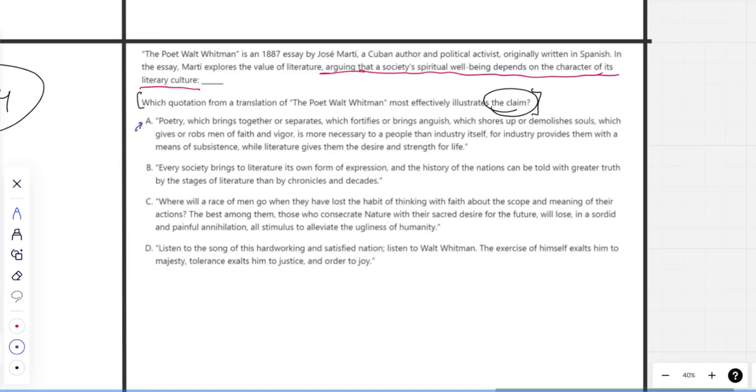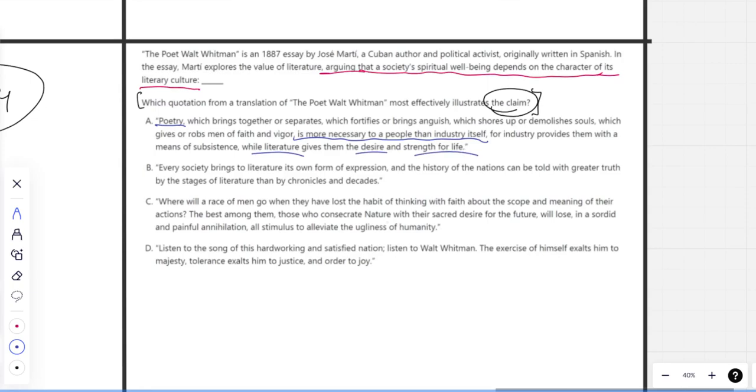Okay, first one says poetry, which brings together or separates, fortifies or brings anguish, which shores up or demolishes souls, which gives or robs men of faith and vigor, is more necessary to a people than industry itself. For industry provides them with the means of subsistence, while literature gives them the desire and strength for life.